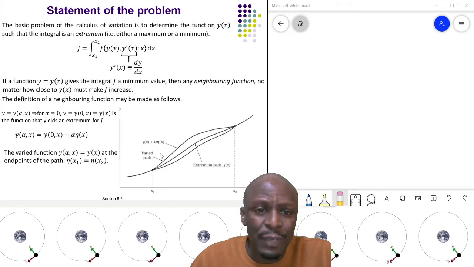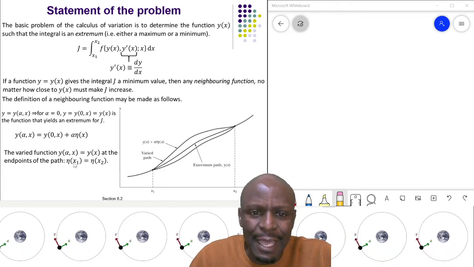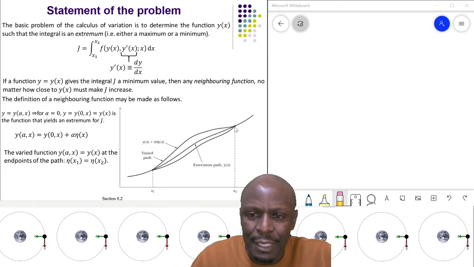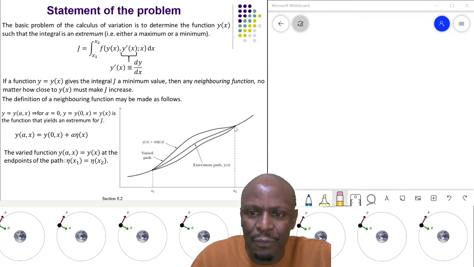However, what is also very important is that at the endpoints, eta of x1 must be equal to eta of x2.